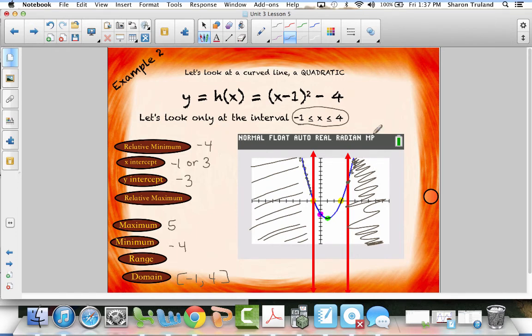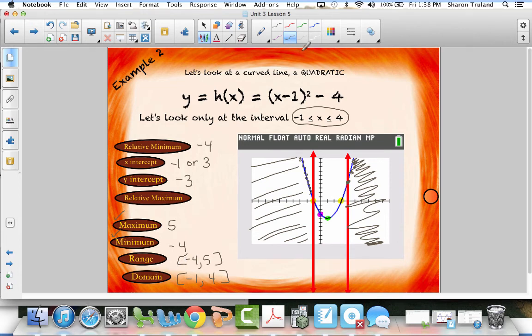So when we restricted the domain, the range went -1 matched up with -4, so -4 is the lowest y value. And my maximum, what was the highest y value? 5. So if you understood absolute maximum and absolute minimum, it helps you find the range.